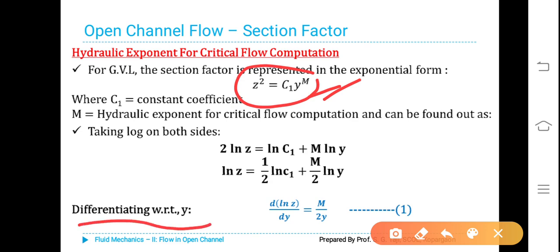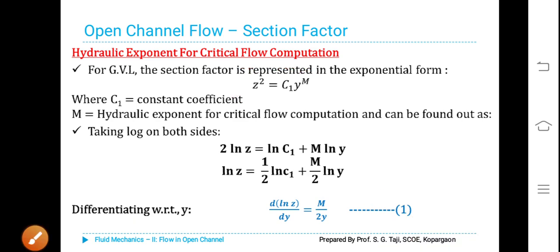You will get d of log Z divided by dy must be equal to capital M upon 2y. Let us call this equation 1.